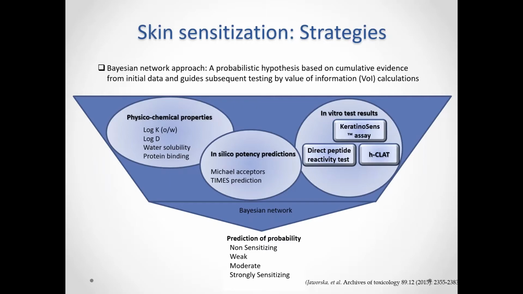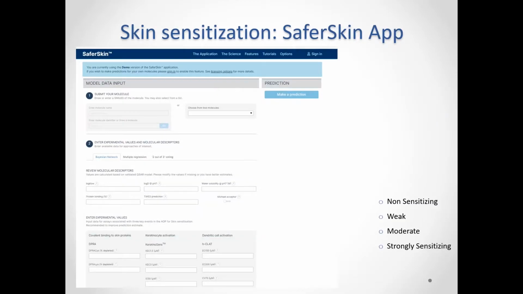So what we have developed within our company is an application which gathers this information from the 3 assays and applies the different methodologies: a Bayesian network methodology, multiple regression, and 2 out of 3 voting, so majority voting.